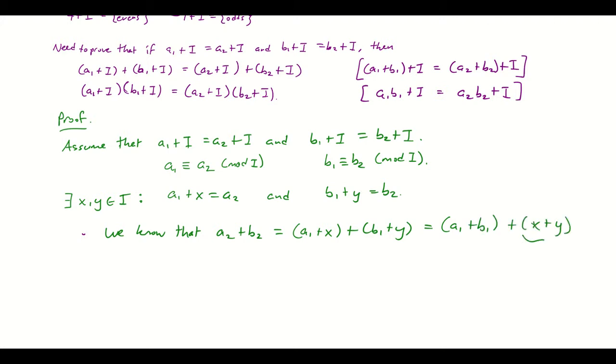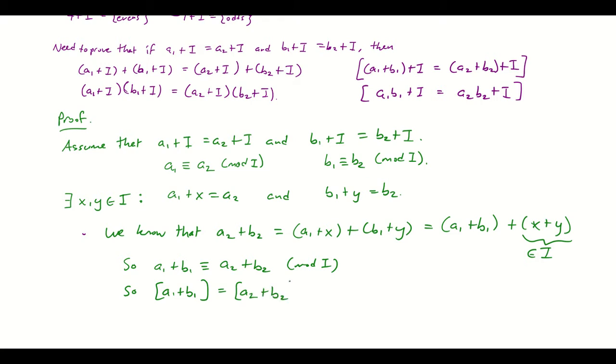And you should look at that and say, that looks like something that belongs to my ideal, because x and y both belong to I. And that means that I've written a2 plus b2 as the sum of a1 plus b1 and an ideal element. That means that a1 plus b1 is congruent modulo I to a2 plus b2. So that means that a1 plus b1 is the same class as a2 plus b2. Those congruence classes are the same, therefore addition is well defined.